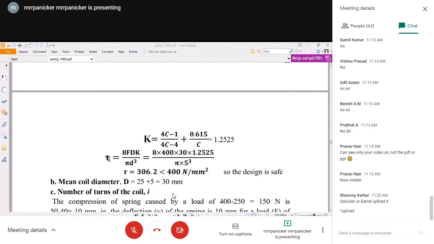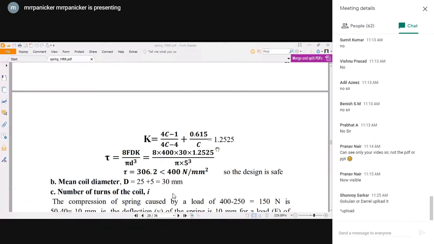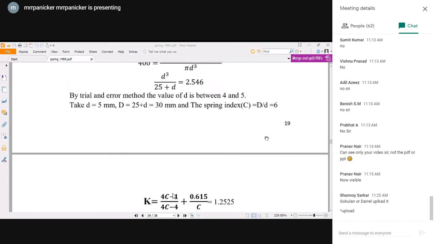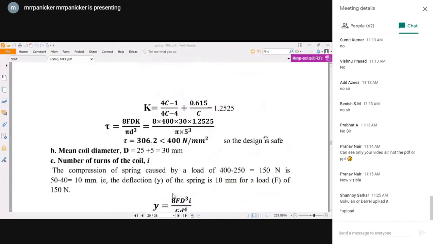Note that the stress induced should be less than the design stress. Suppose the induced stress is more than the design stress, then you have to increase the diameter, change the value of d or D. So with induced stress less than design stress, as far as the wire diameter strength is concerned, it is okay.